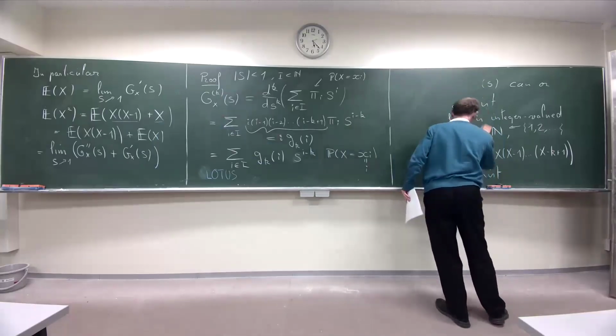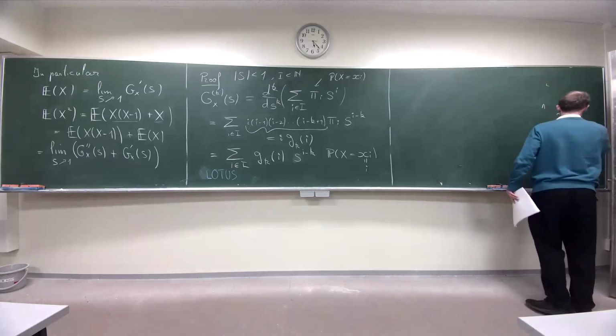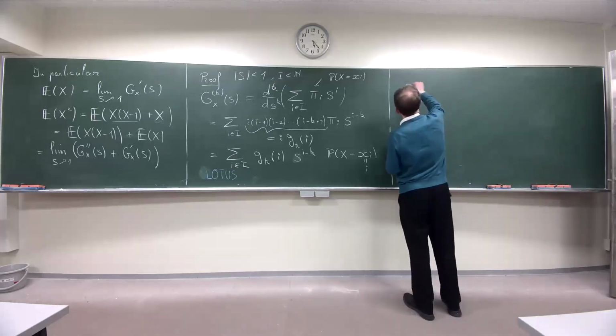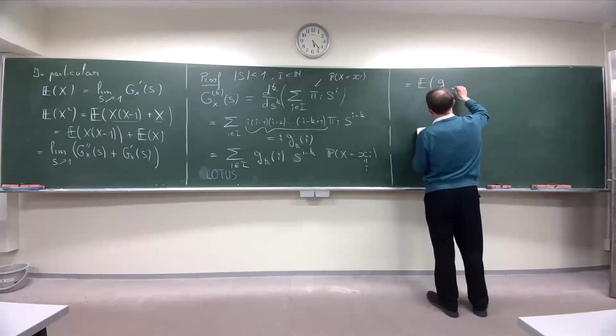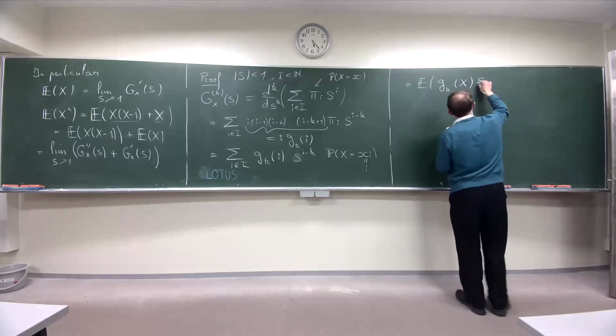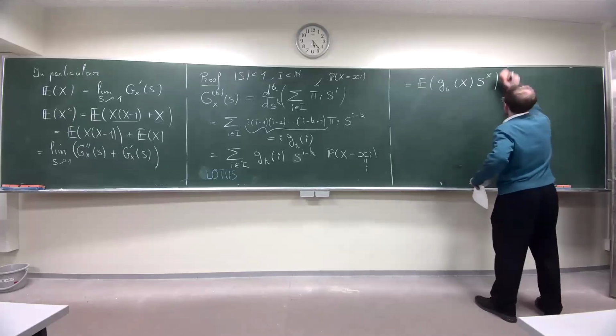So it's really Lotus applied to this specific integer valued random variable. This is nothing but the expectation of the function gk of the random variable X times s to the power X minus k.